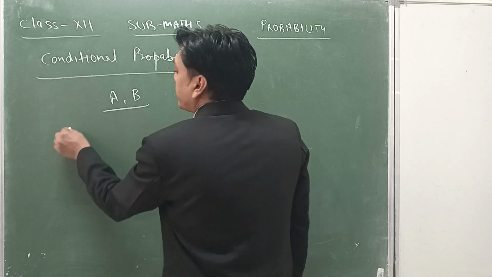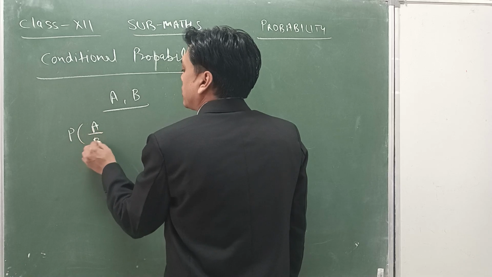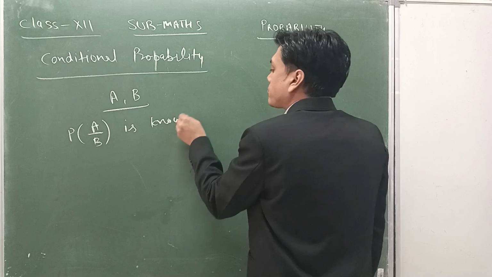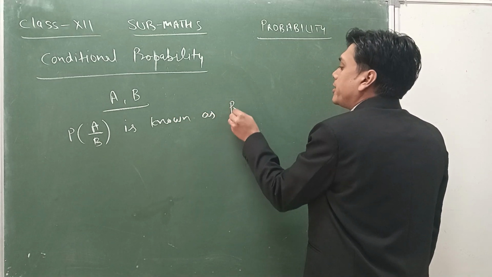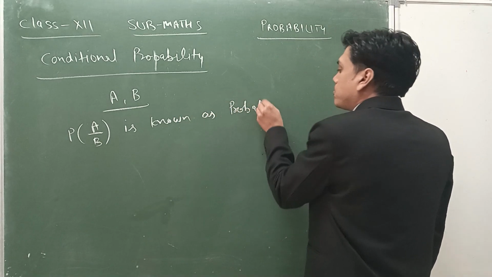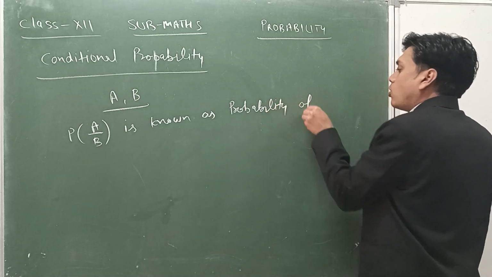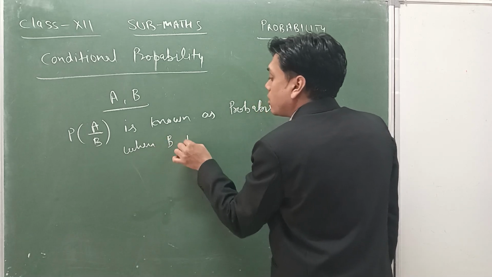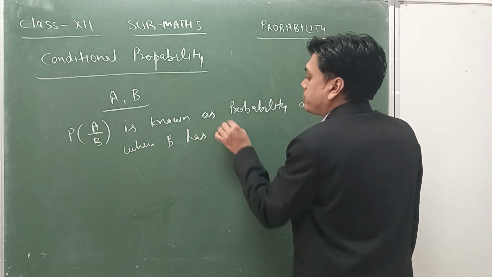Suppose probability of A by B is known as probability of A when B has already occurred.